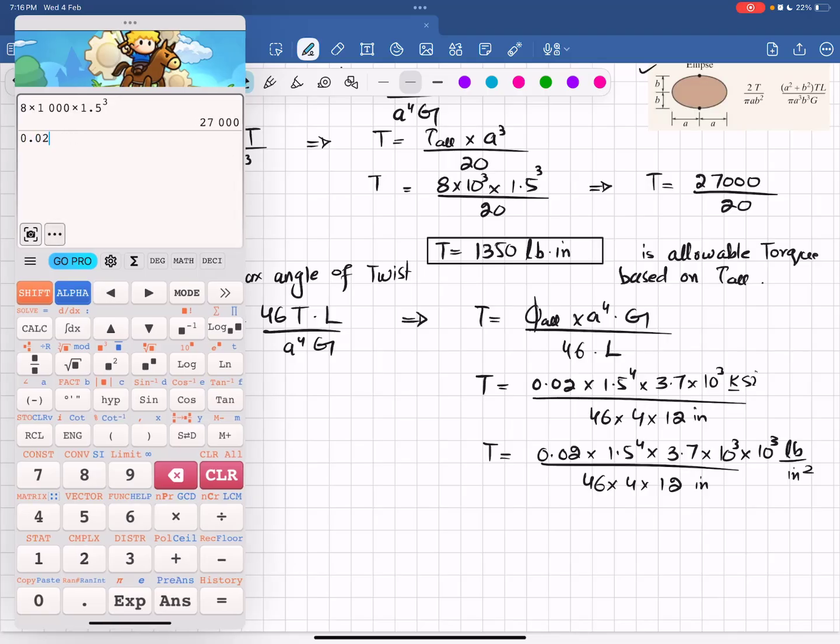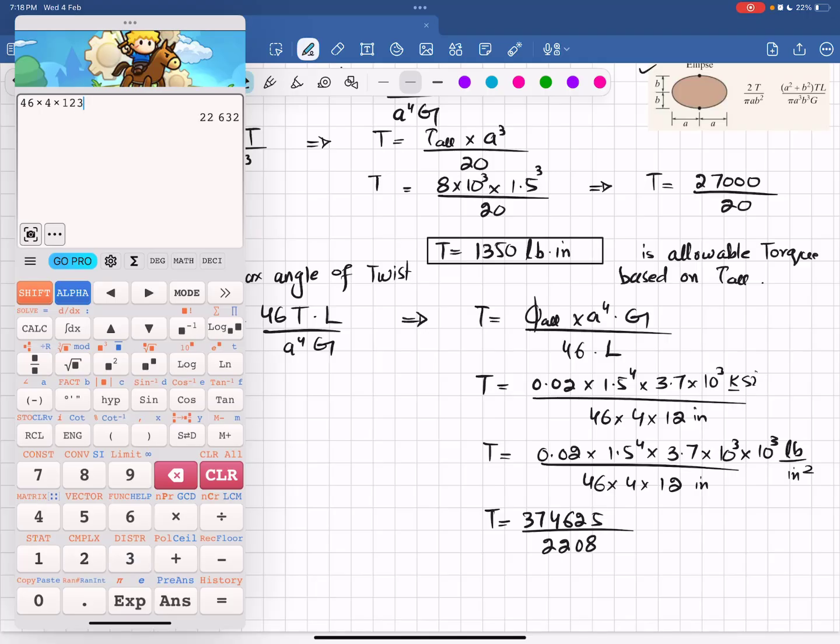So 0.02 multiplied by 1.5 power 4 multiplied by 3.7 multiplied by 10 raised to power 6, because 10 raised to power 3 multiplied by 10 raised to power 3 is 10 raised to power 6. Okay, so we will get this torque is equal to 374,625 divided by the value, which is 46 multiplied by 4 multiplied by 12, is 2208.